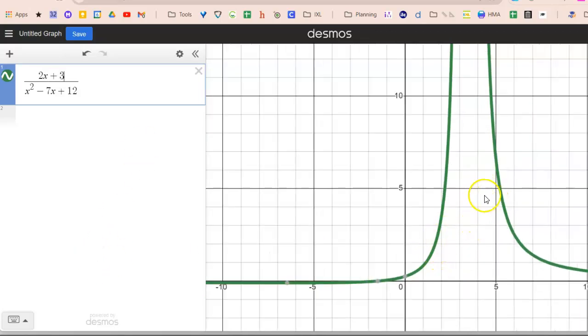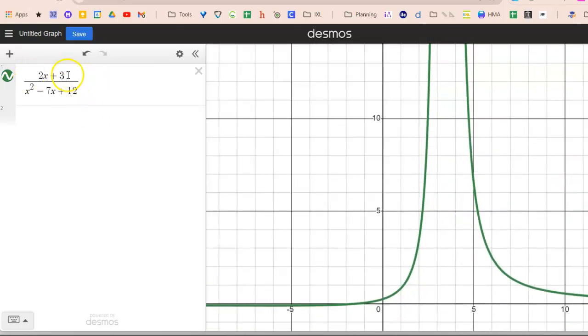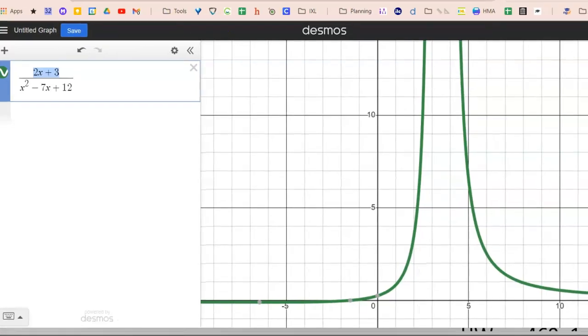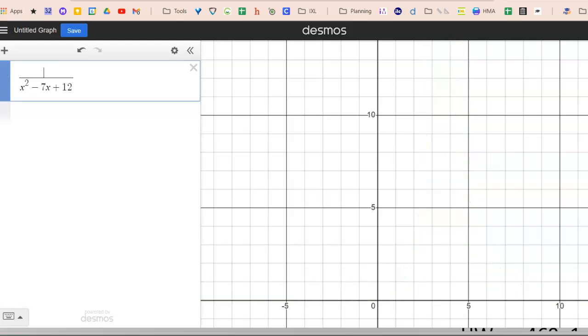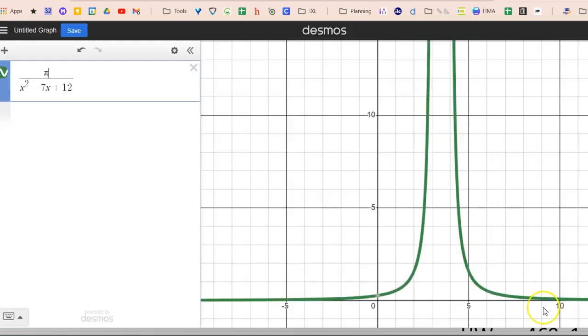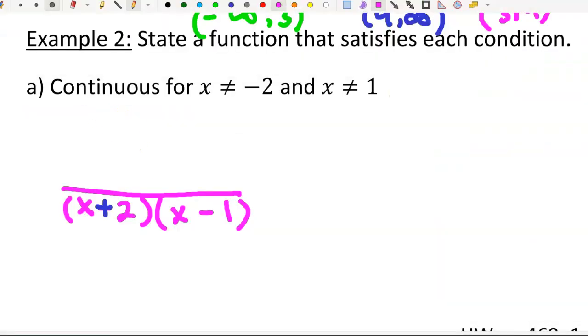The graph bends and moves a little bit differently, but you'll notice how the numerator doesn't really have a whole lot of effect on where those vertical asymptotes are. I could put this to be pretty much anything that's linear, right? Or just a number, 5 or 9 or pi, whatever. It still has the exact same asymptotes, right? So the top doesn't really change what's going on here.